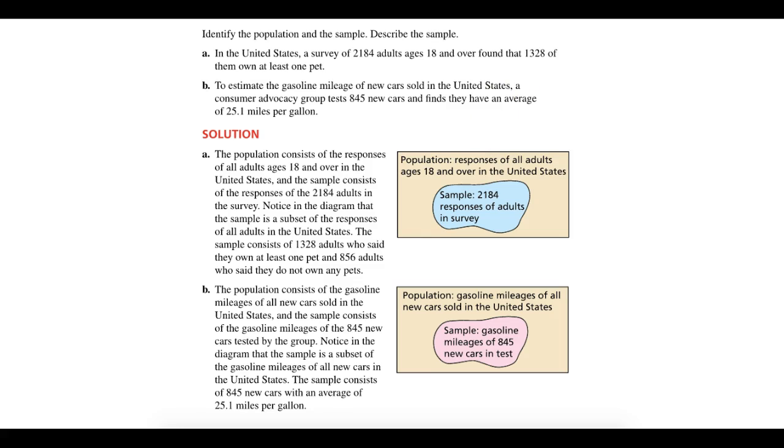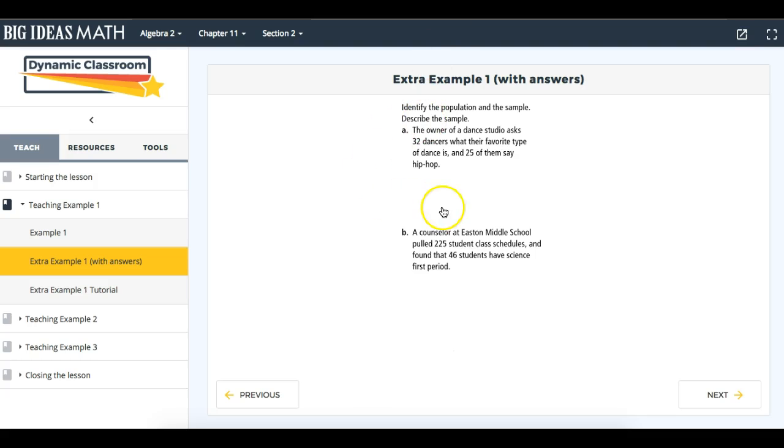So what I want you to do, here are two new scenarios, and I want you to go through and identify the population and the sample, and I want you to describe the sample. Okay, tell me why it's a subset. So explain your reasoning for the population and sample that you chose.